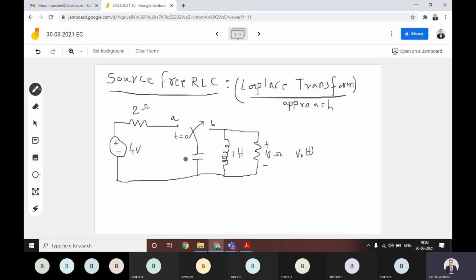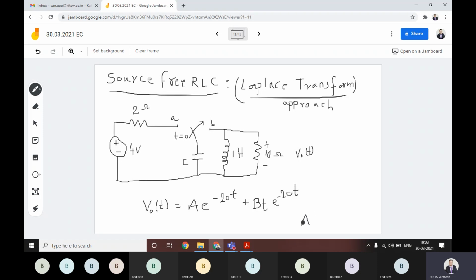This is capacitance C. They have given for this circuit V naught of t is equal to A into e power minus 20t plus bt into e power minus 20t.